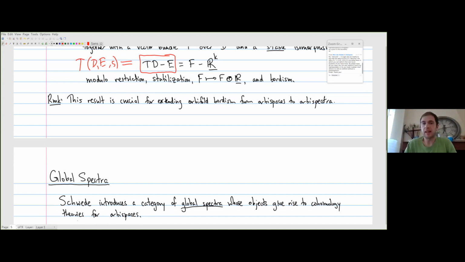It's an equivalent theory, or at least partially equivalent. So in particular, I'm just going to take a very small part of this theory, the global spectra. That's the analog of spectra in global homotopy theory. And what they do is they give you cohomology theories for Orbispaces. That's one thing they do, at least.